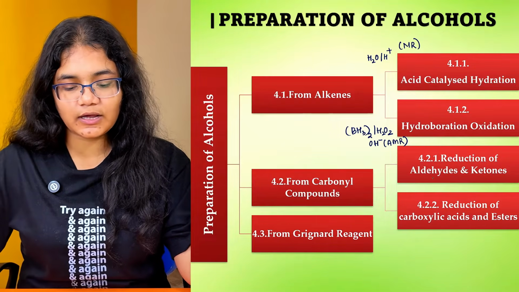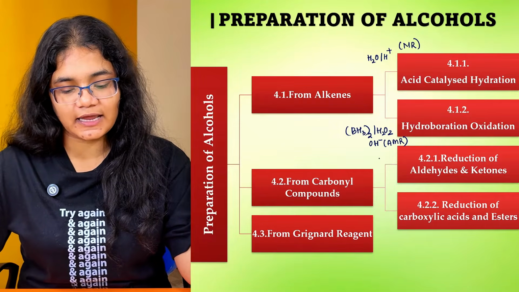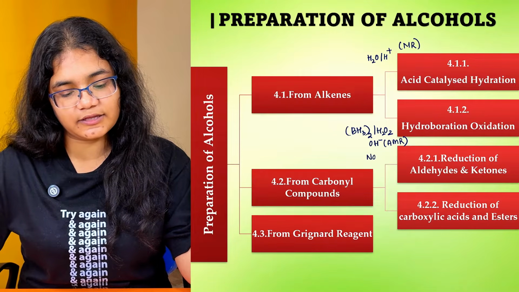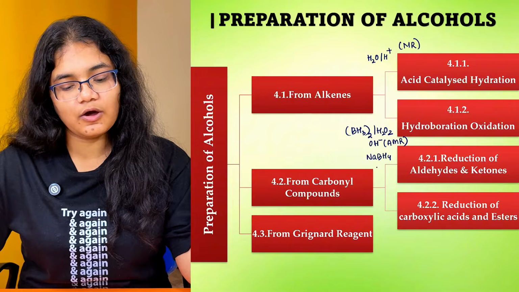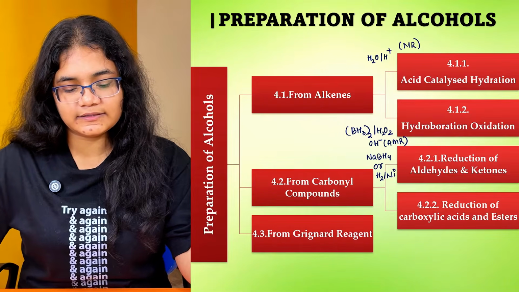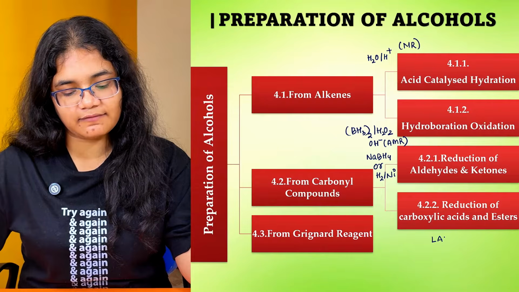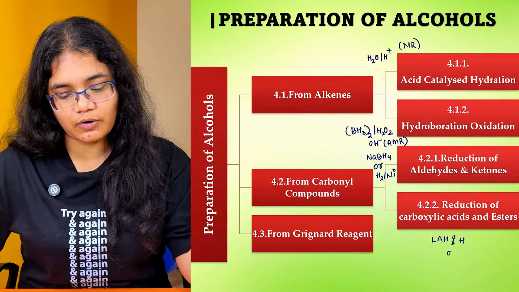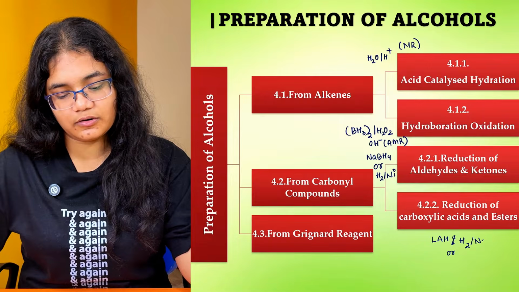Next, from carbonyl compounds, it is reduction of aldehydes and ketones, where the reagent is NaBH4 or hydrogen with nickel. Similarly, for carboxylic acids, we have lithium aluminium hydride or hydrogen with nickel.